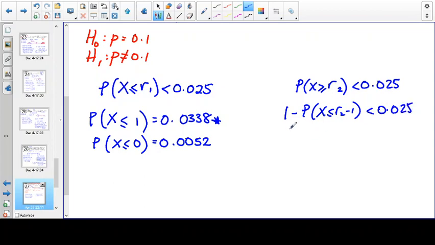So let's start off with 45, far too big. 40, too big. 30, too big. 25, 20, still too big. 15, still too big. 12: 1 minus the probability that X is less than or equal to 12 is 0.001.